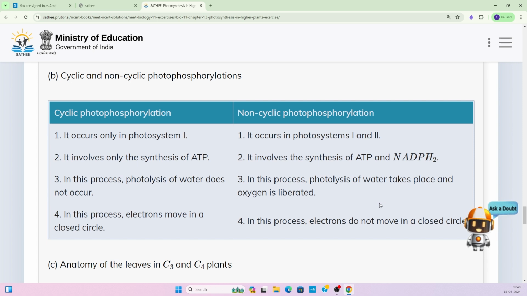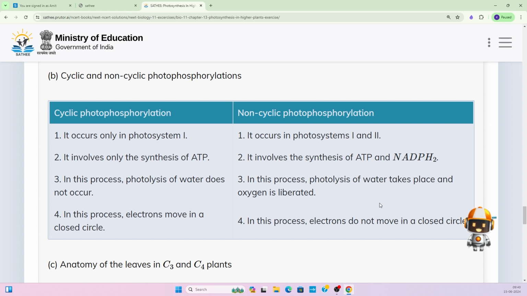Next difference is cyclic and non-cyclic photophosphorylation. Cyclic photophosphorylation occurs only in photosystem 1, whereas non-cyclic photophosphorylation involves two photosystems, that is photosystem 1 and photosystem 2, both the systems, right?